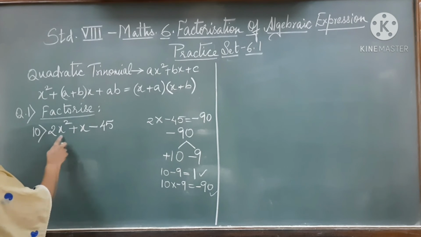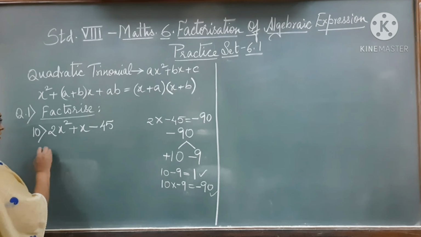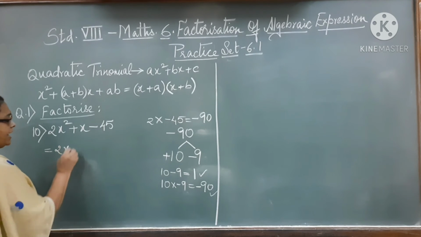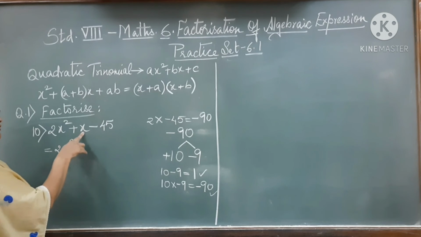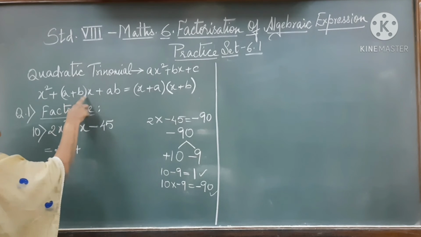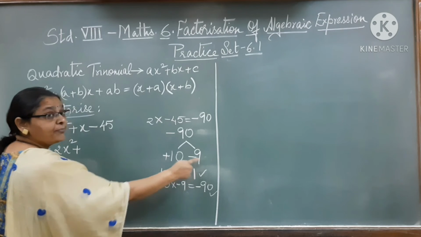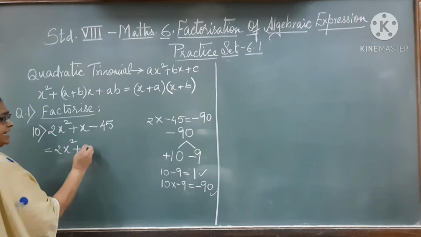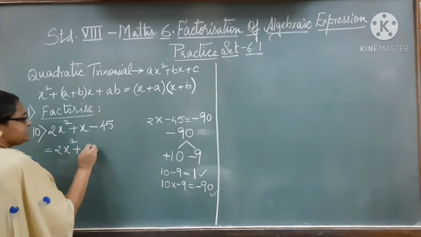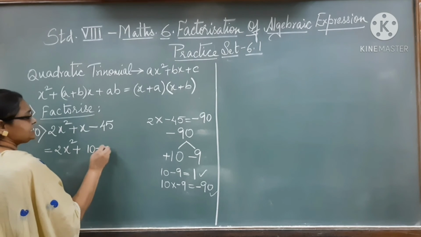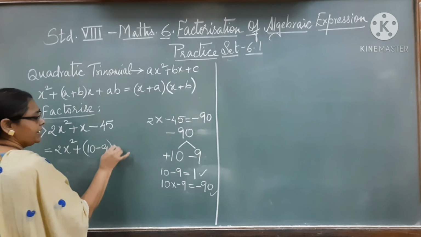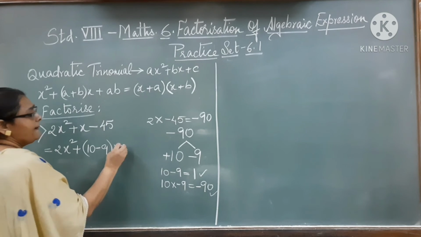2x squared plus x minus 45 is equal to 2x squared plus, now let me write the middle term in the form (a plus b) into x. So here a is 10, b is minus 9. Let me take here plus (10 minus 9) multiplied by x, minus 45.